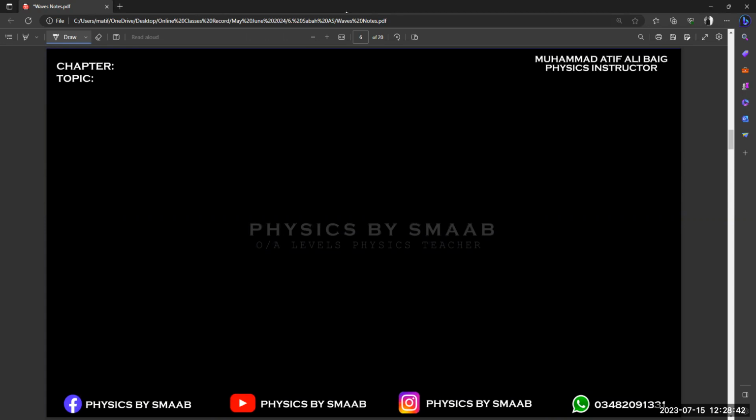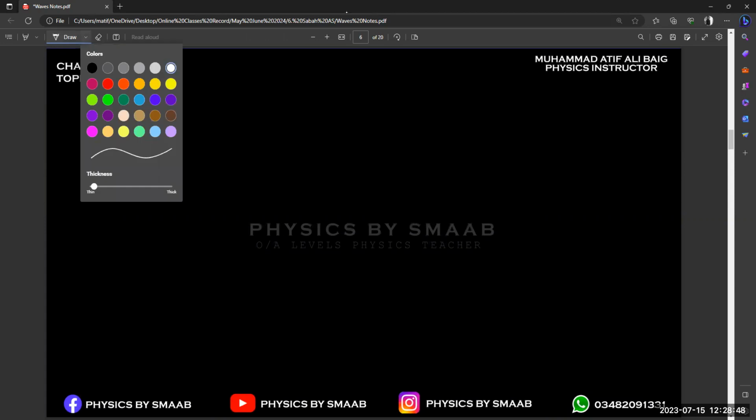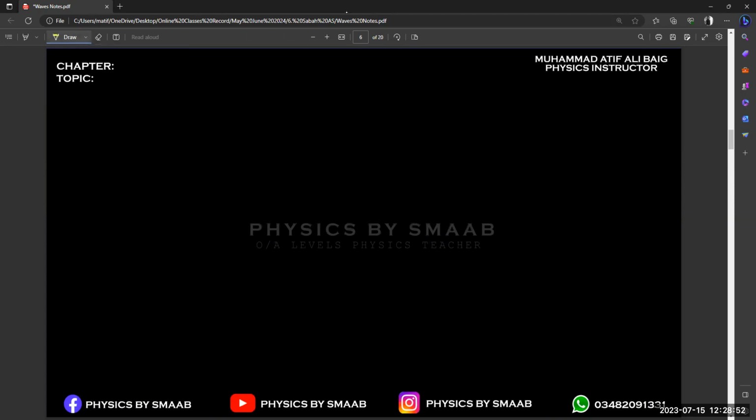So what will be next? That is our Malus law, right? Now we need to use Malus law, because the angle for the analyzer may be anything, not specifically 90 degrees always. So for that specific purpose, we use Malus law. It states that, okay, the statements in the inverted commas are the definitions or the laws, right?